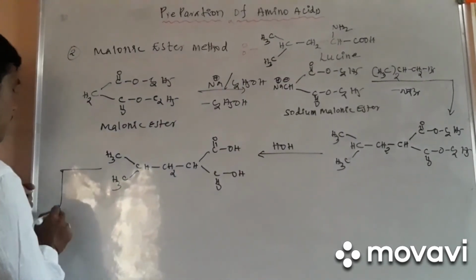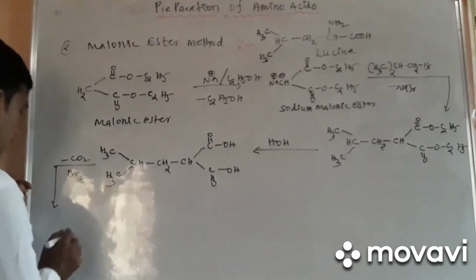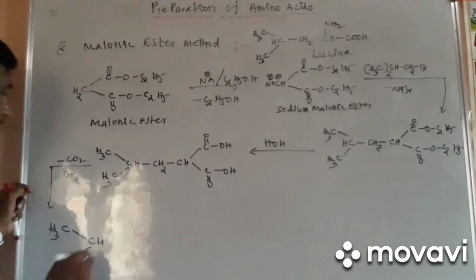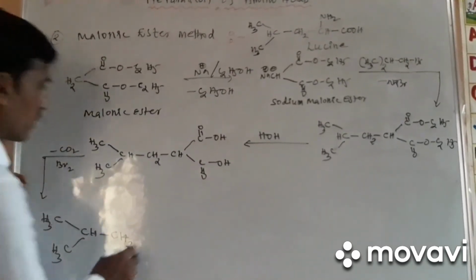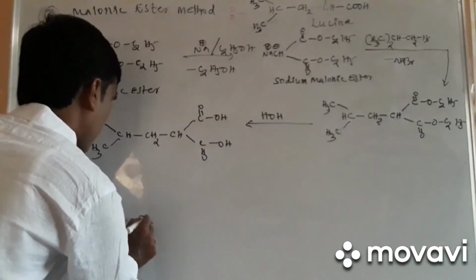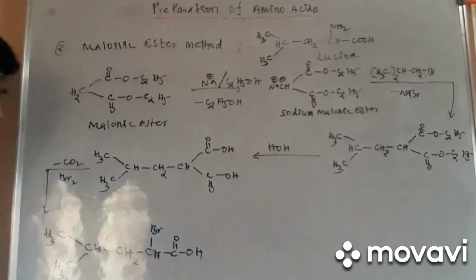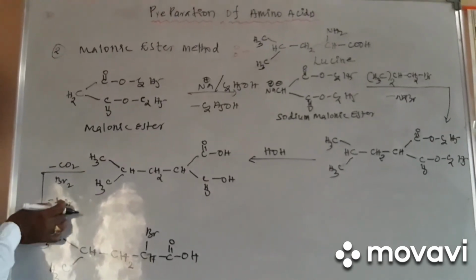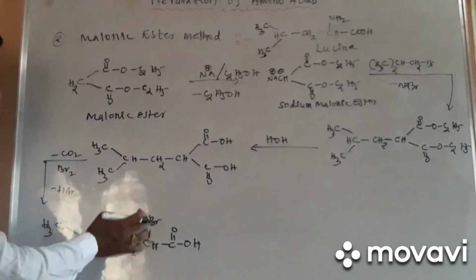Next, followed by decarboxylation in the presence of bromine molecule, to produce CH3, CH, CH2, CH, Br, C double bond O OH, with elimination of hydrogen bromide. Decarboxylation occurs with elimination of hydrogen bromide to produce CH3, CH, CH2, CH, Br, next C double bond O OH.